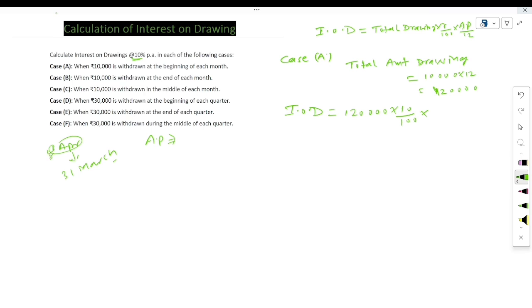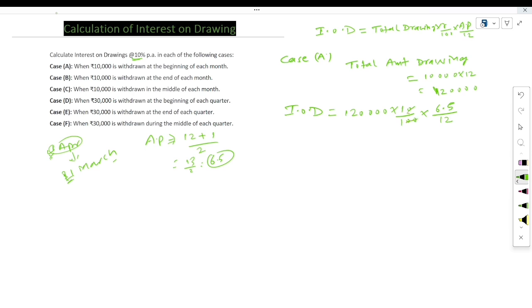If he has withdrawn on 1st April, then 12 months will be left after the first drawing. So we write 12 plus months left after last drawing. His last drawing will be on 1st March, which means 1 month, upon 2. 13 by 2, it means 6.5 will be the average period. So we will write here 6.5 upon 12.